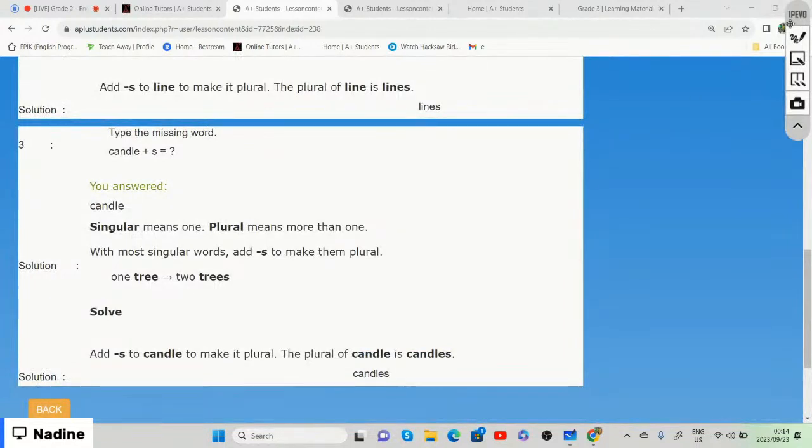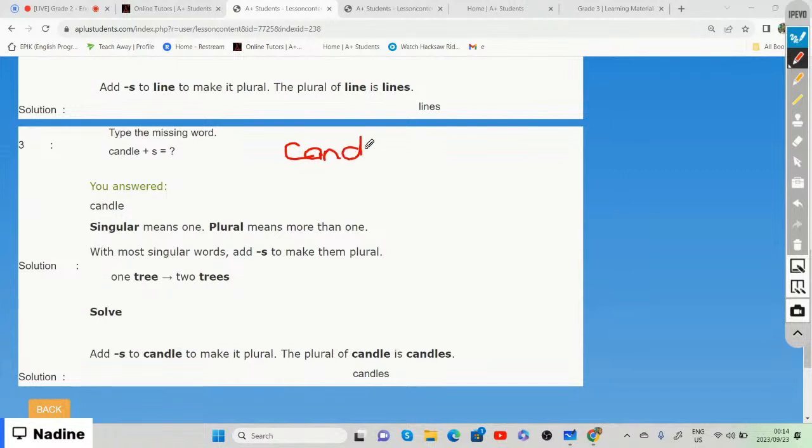Candle, right? Here we have one candle. Candle is singular, it shows one. As soon as we want to make mention of more than one candle, then we can say candles by adding an S. My mom lit 3 candles.